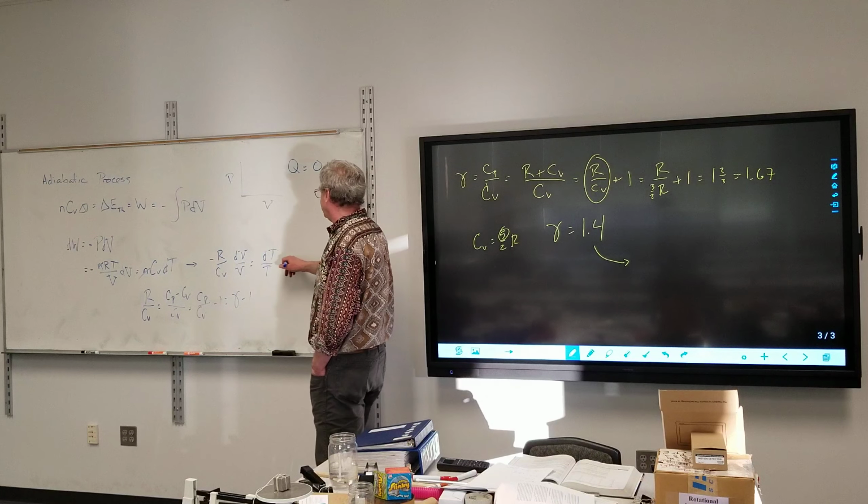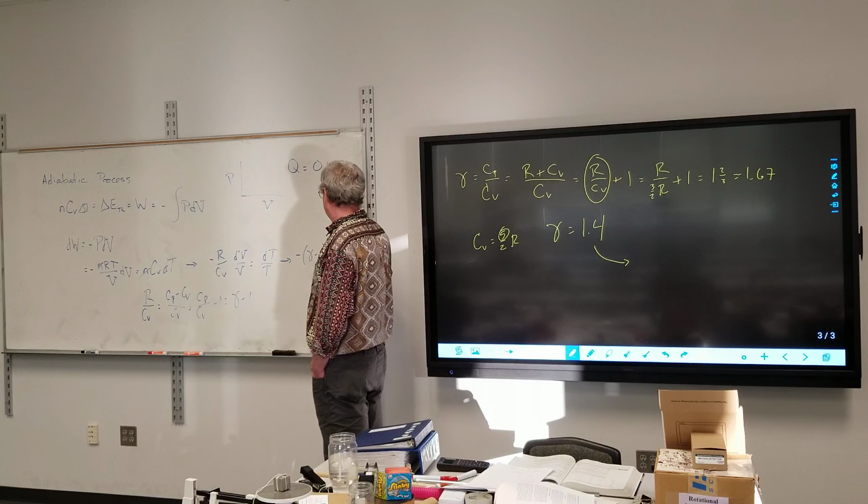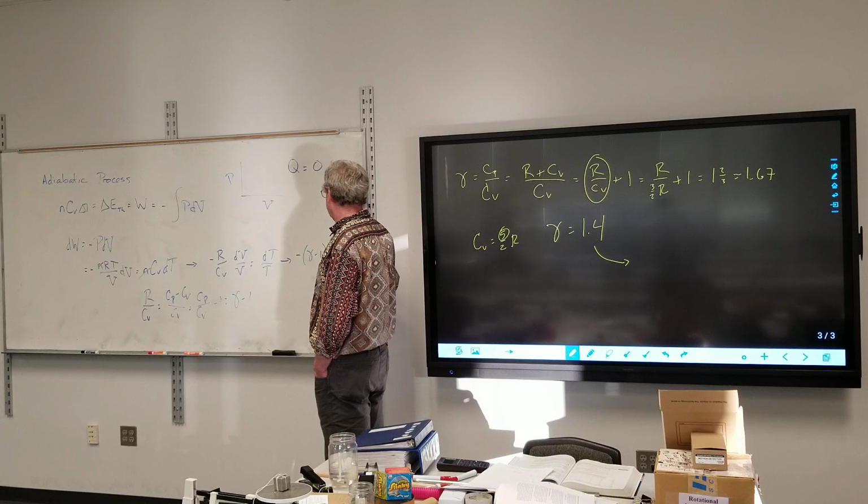So my equation right here then becomes negative gamma minus 1 times dV over V is equal to dT over T.